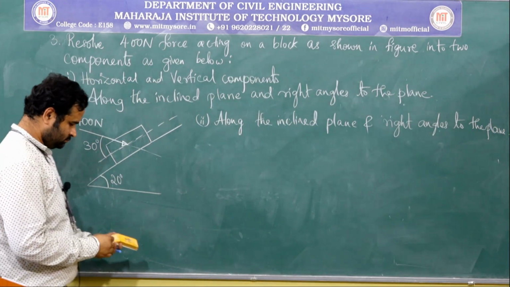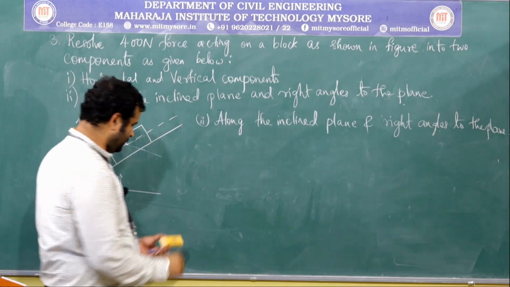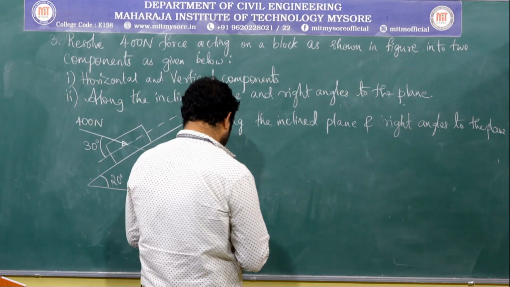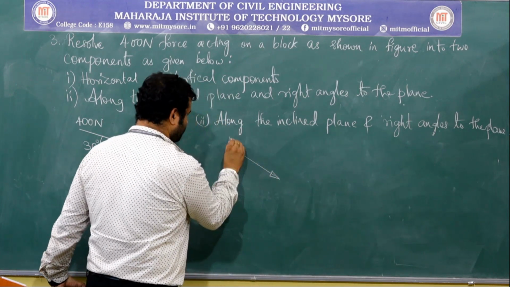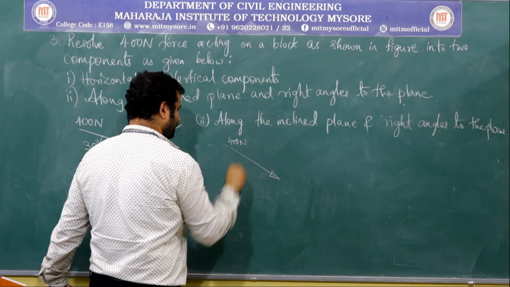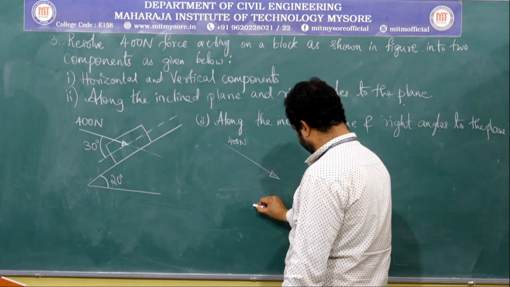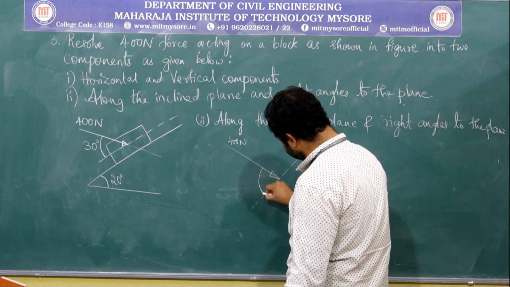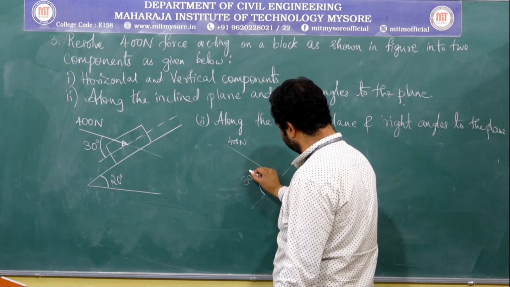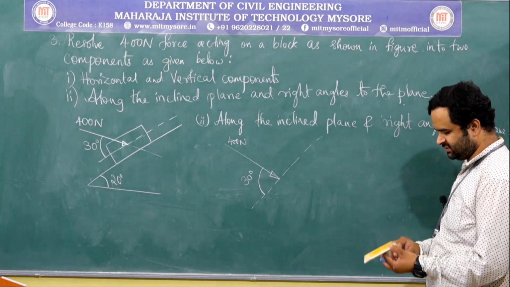So first, along the inclined plane, if I try to write this force of 400 Newton, so this is the angle of inclination of the force 400 Newton as 30 degrees.